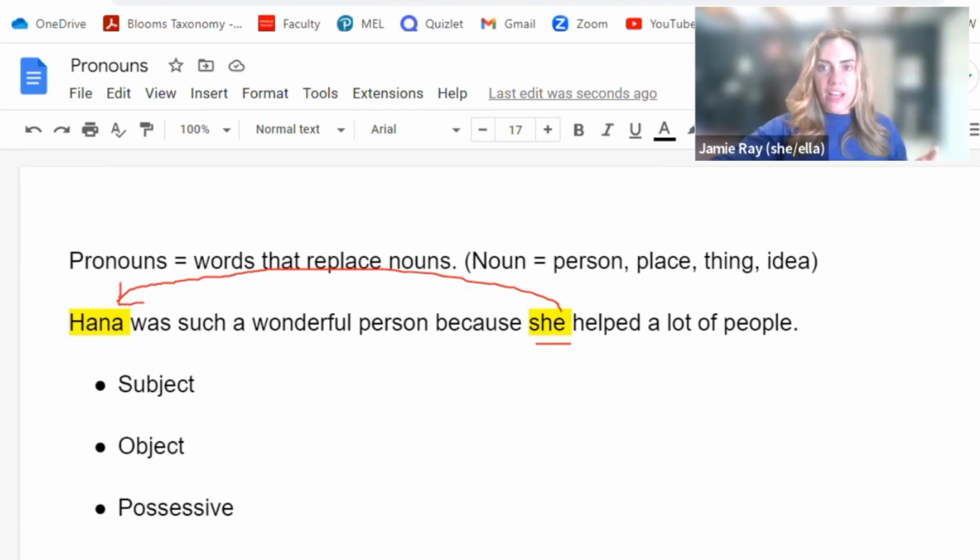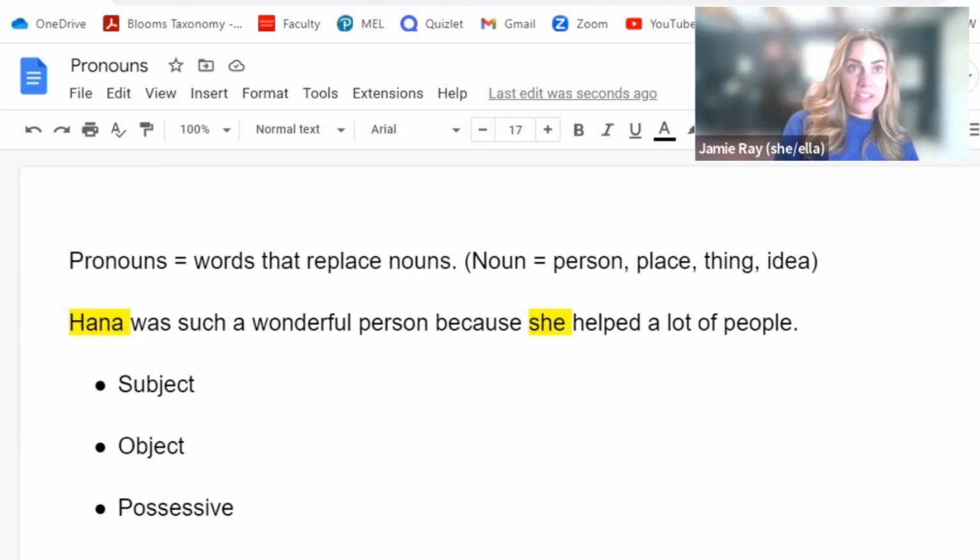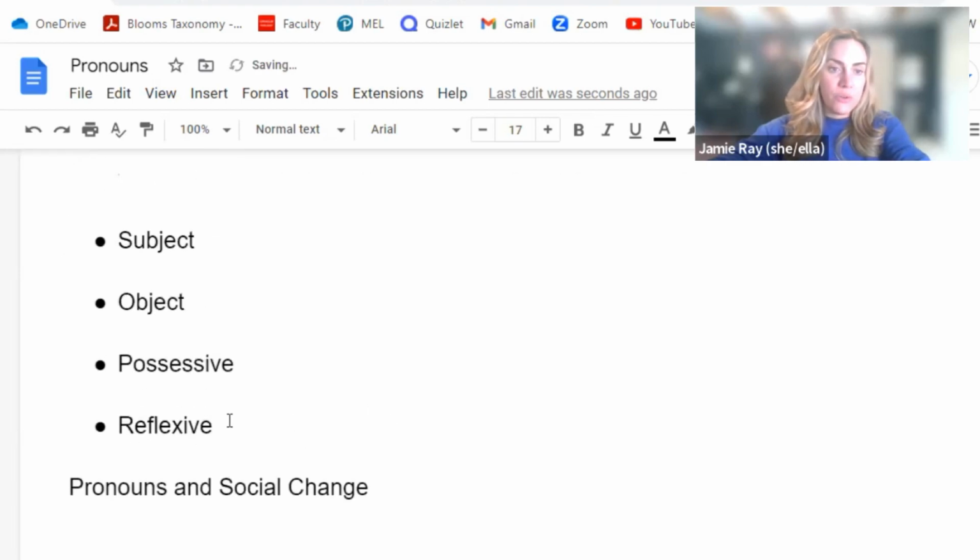Okay, so that's when we use pronouns. So we use pronouns to be less repetitive, and we use pronouns so that we can refer back to someone or something that we've already mentioned. Okay, now let's look at the different types of pronouns that we have in English. Now, there are a few different types.